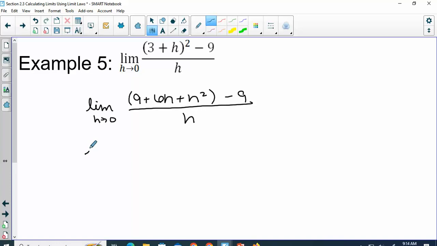Notice I'm writing my limit because I have not plugged in the 0 yet. What happens now? Yeah, we can do the 9 minus 9. So those would cancel.